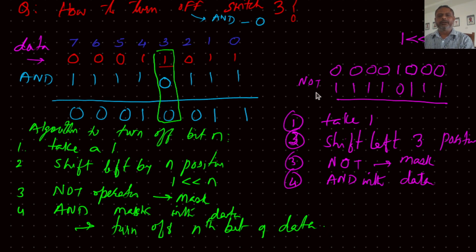Here we had considered that there are only 8 switches, so we could use 1 byte for representing it. But if there are hundreds of switches, then we can't work with hundreds of bits together as one unit, because there is some limitation in the memory.